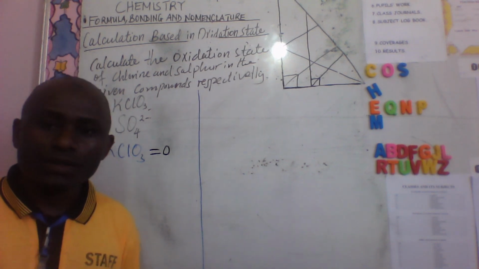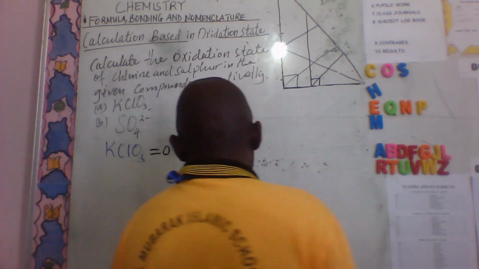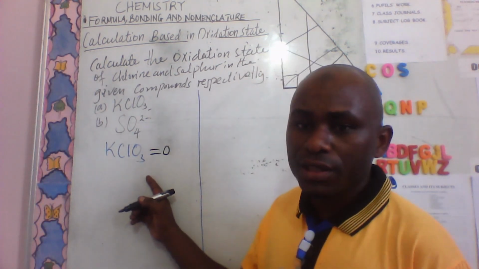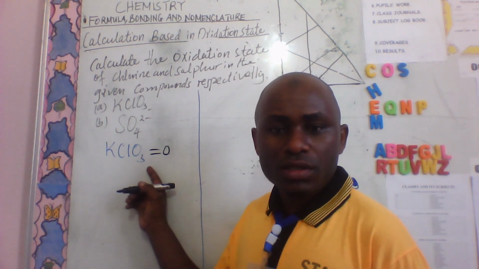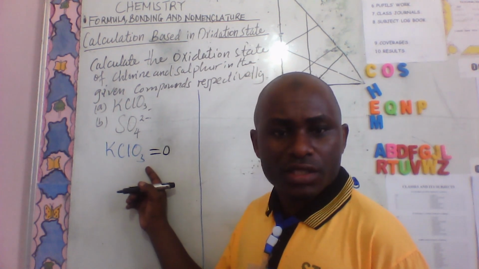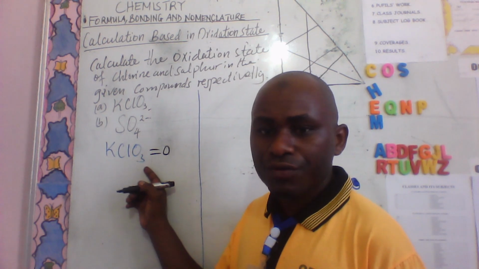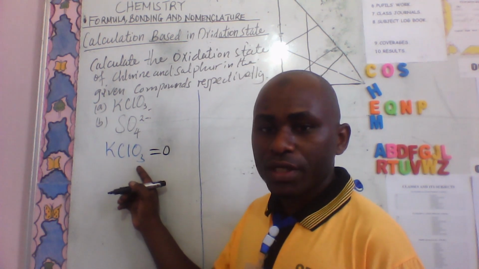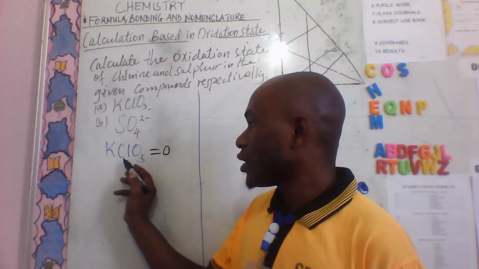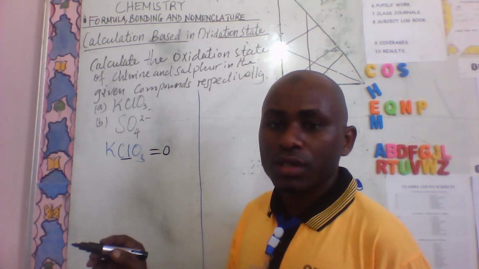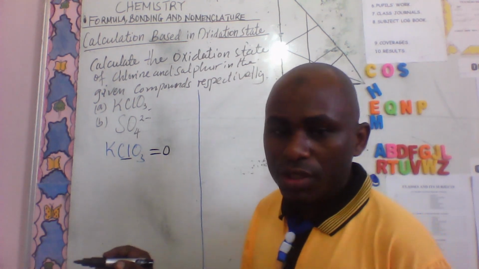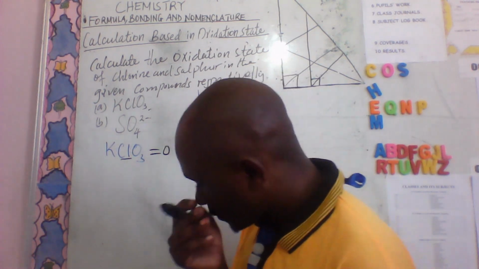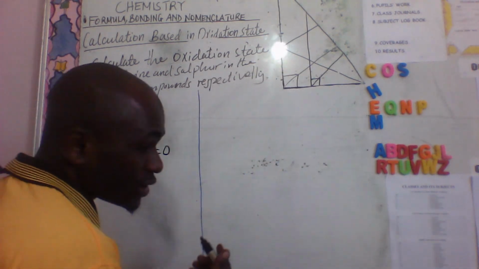Why does it become zero? It becomes zero because this is an uncharged compound, meaning that it itself will undergo the stable state configuration. So we are supposed to find out the oxidation number of chlorine in terms of the loss or gain of electrons during forming compounds. So let us begin.